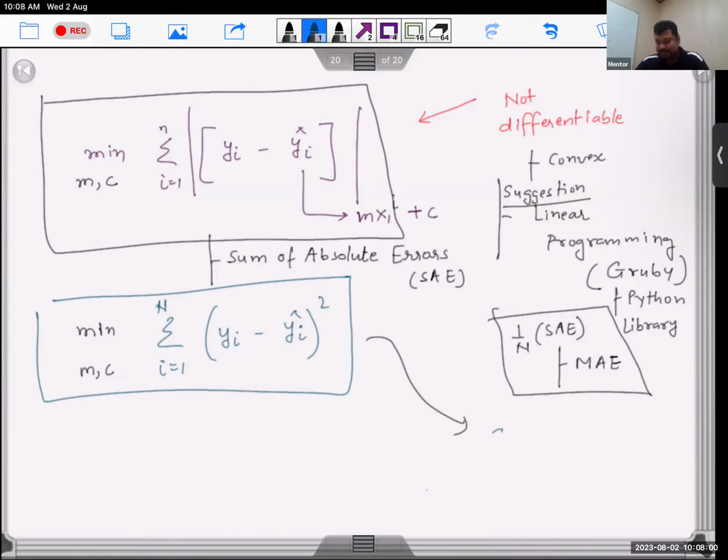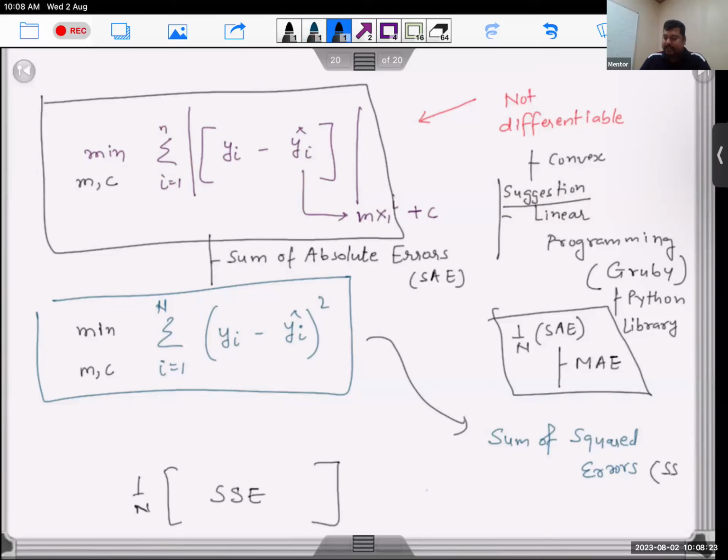Sum of what? What are we doing with each error? We are squaring them. Euclidean has a root. Is there a root here? No, right? So this is the sum of squared errors. If you put a constant 1 by n outside of the sum of squared errors, what can I call it? Mean squared error.